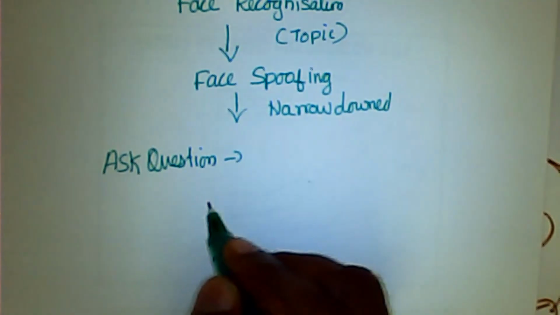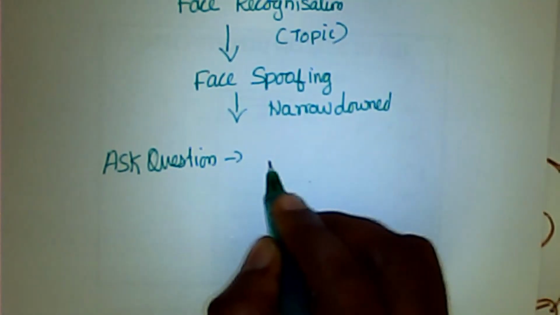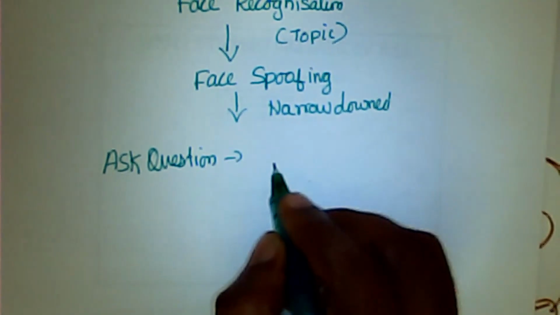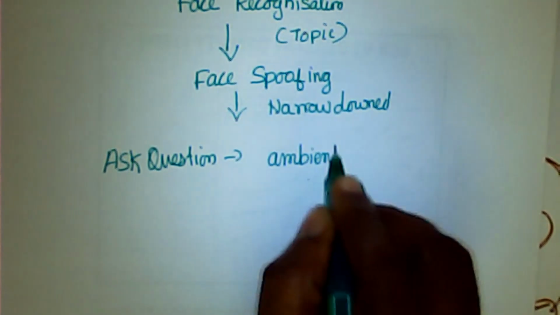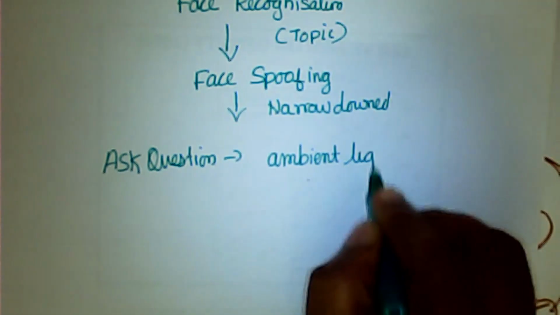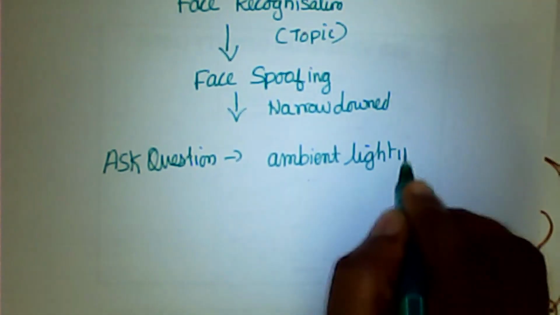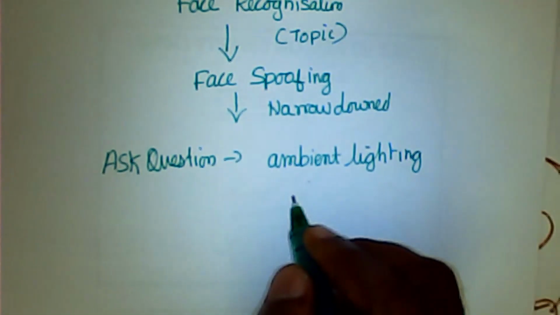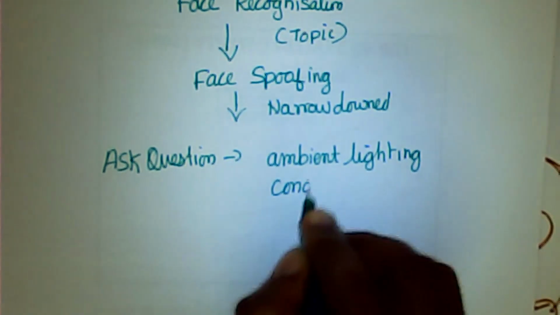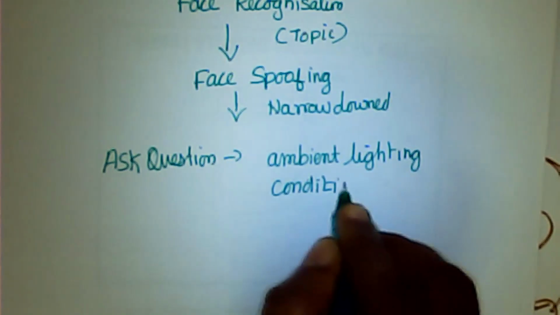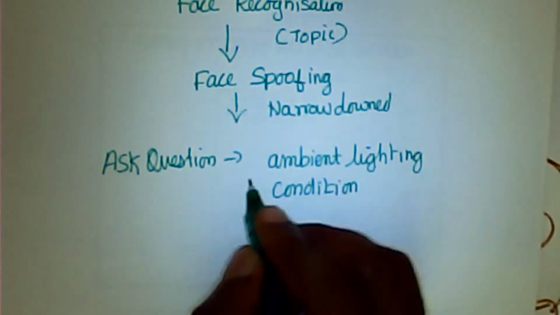What is my question? Whether the ambient lighting condition has been considered. Did you test this particular algorithm in different lighting conditions? Very important thing. This is my first question.